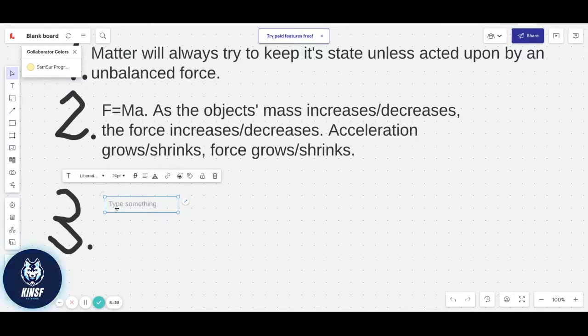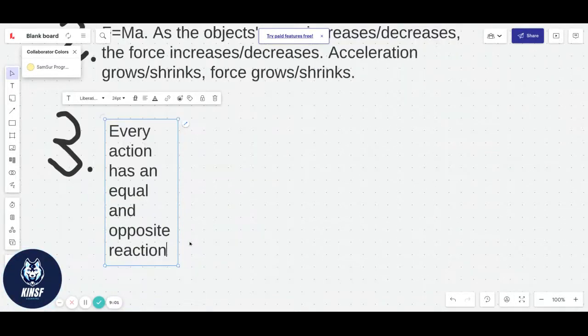This law is that every action has an equal and opposite reaction.